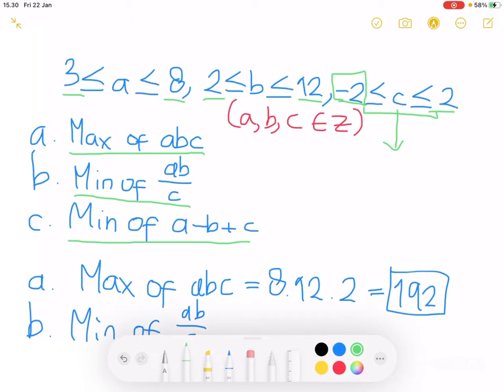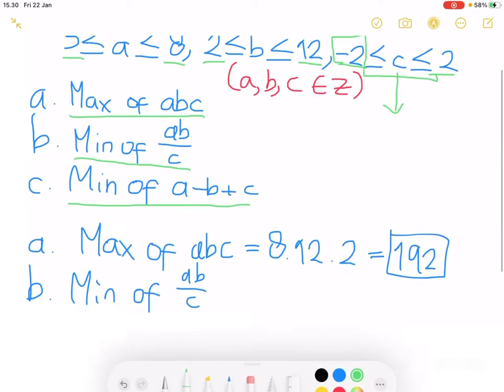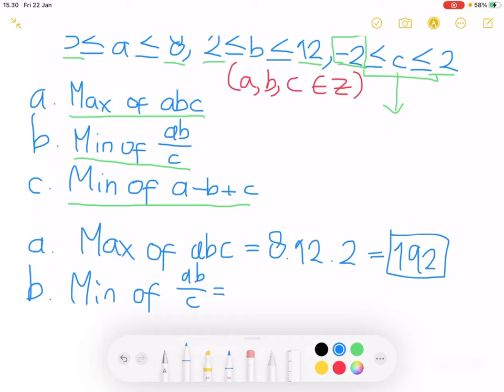So that's just a trick to encounter that. So we choose the maximum of A, which is 8, times the maximum of B, which is 12, over the minimum and negative value of C, which is -2, sorry. Okay, and we're left with an answer of -48, and this is the answer.